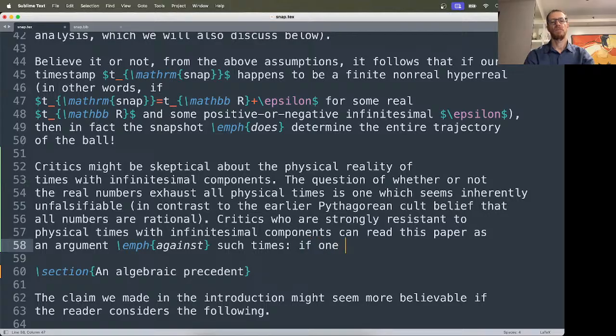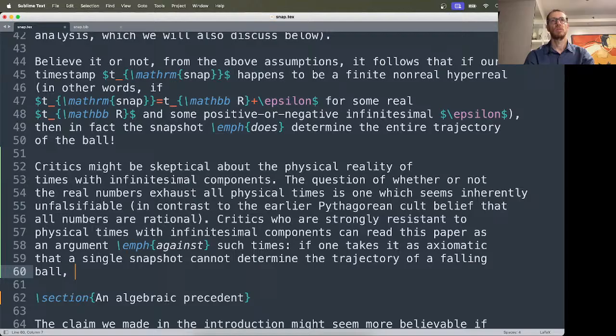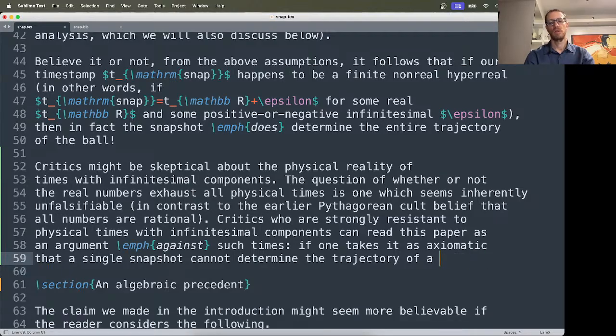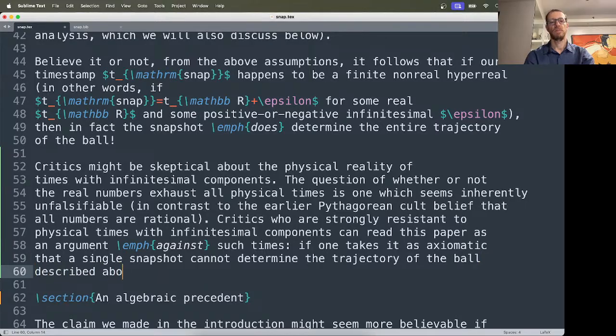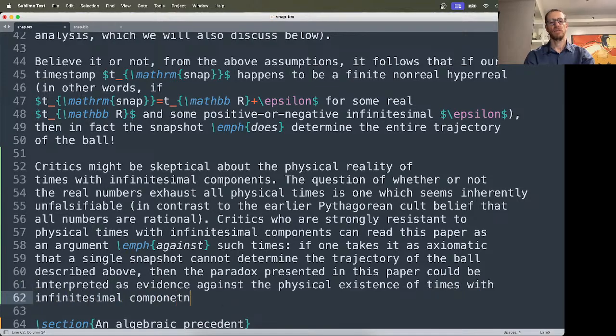If one takes it as axiomatic that a single snapshot cannot determine the trajectory of the ball described above, then the paradox presented in this paper could be interpreted as evidence against the physical existence of times with infinitesimal components.